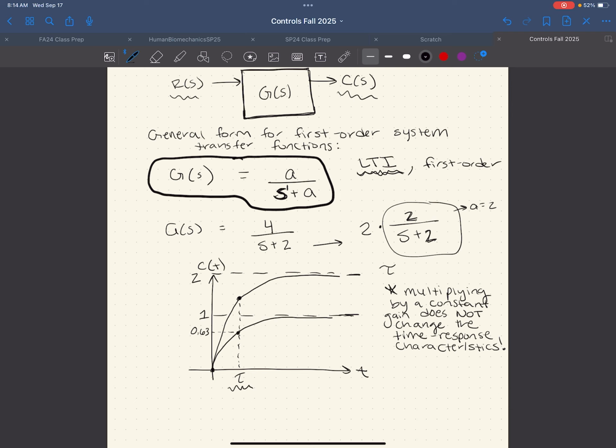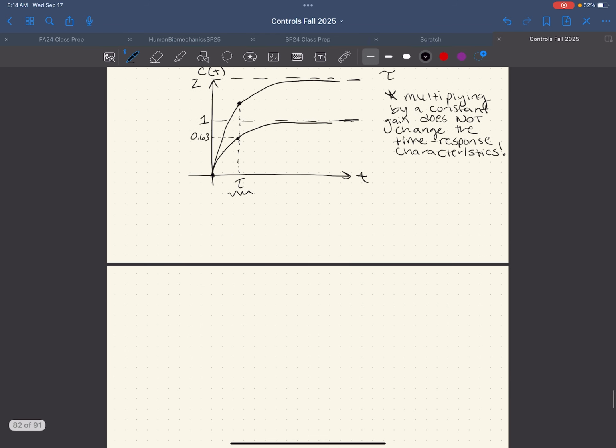Okay, now let's talk about the time response characteristics that we talked about. Let's remind ourselves that for our time specifications, we always assume that we're analyzing the system's response to a unit step input.